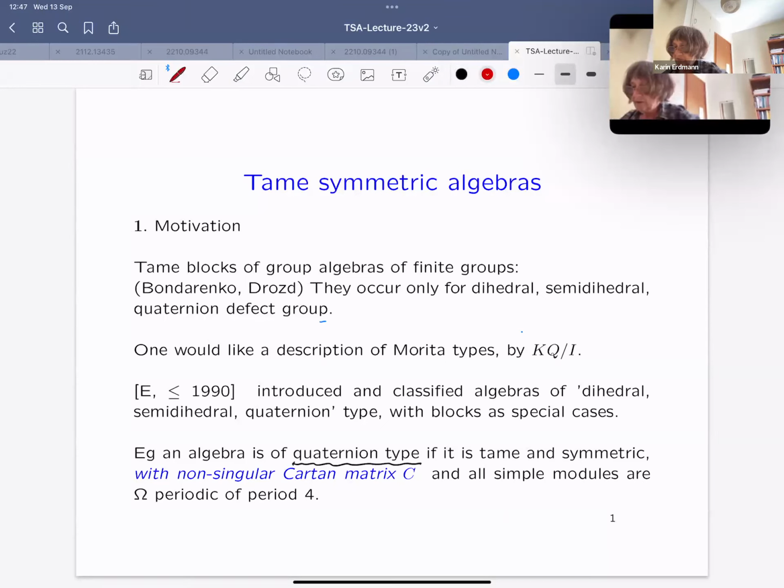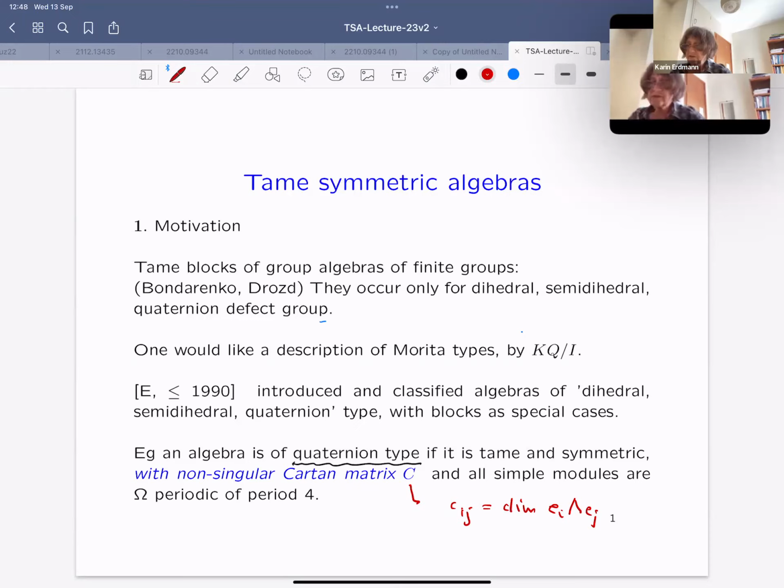This is tame symmetric, and it must have a non-singular Cartan matrix. This is the matrix with entries c_ij equal to the dimension of e_i A e_j, and all simple modules should be periodic of period 4.